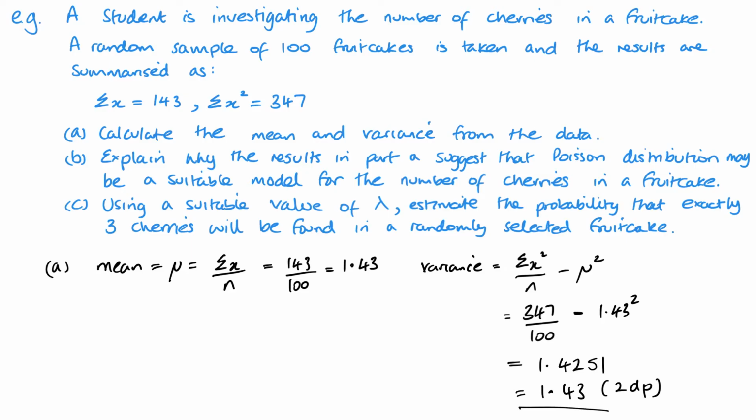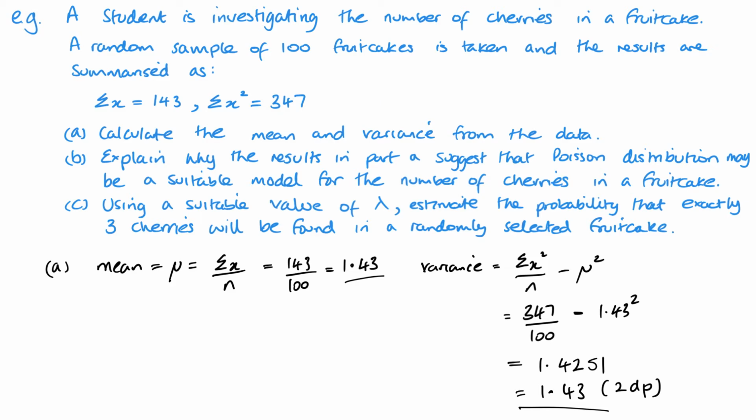So you can see here, to 2 decimal places, our mean and variance are exactly the same, which indicates that a Poisson distribution is a suitable model, because the variance and the mean are equal to 2 decimal places, so they're almost exactly the same.